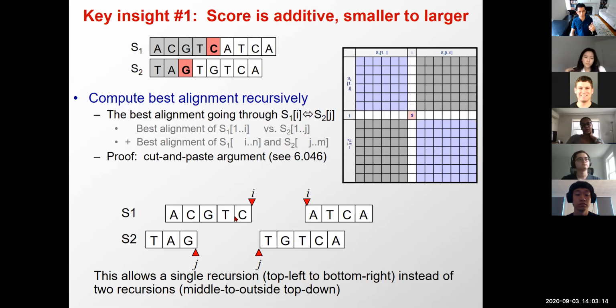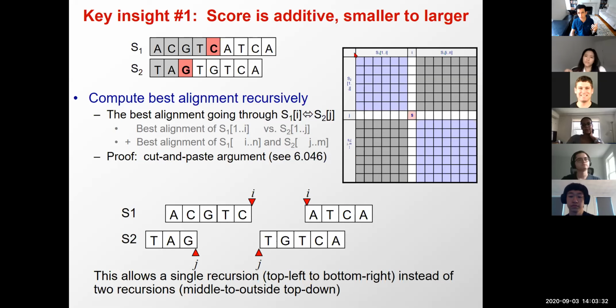Okay? So we're going to be breaking up our sequence by indexing with the ith position of one sequence and the jth position of another sequence. So it's going to be a two-dimensional parameterization, and I can express that very naturally in a two-dimensional grid.